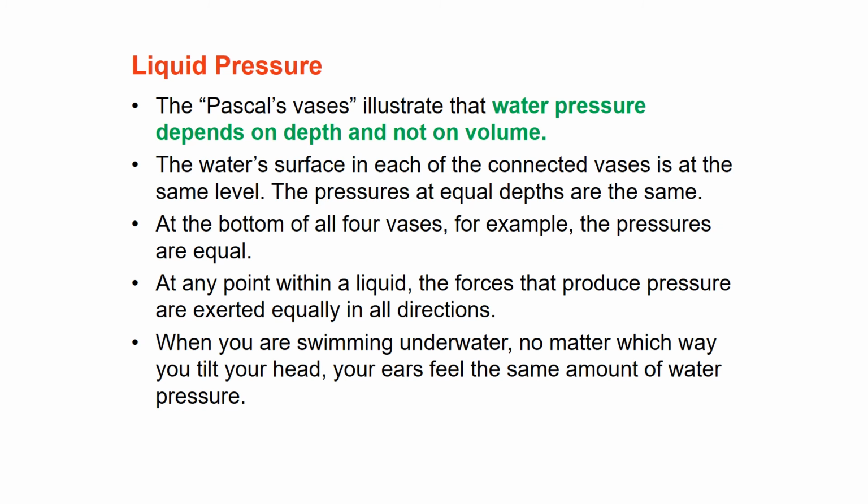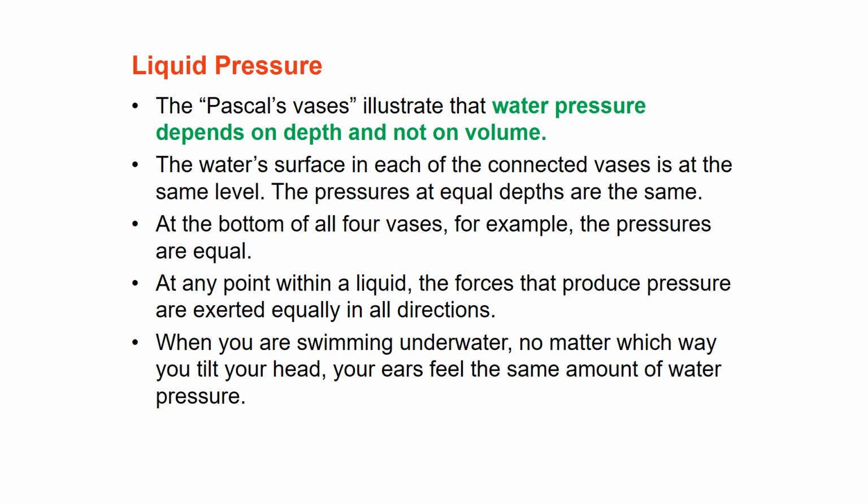Pascal's vase illustrates that water pressure depends only on the depth and not on the volume. The water surface in each of the connected vases is at the same level, the same depth. So the pressures at equal depths are the same. At the bottom of all four vases, for example, the pressures are equal.